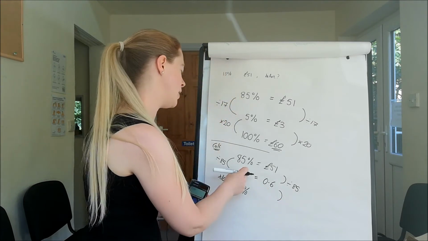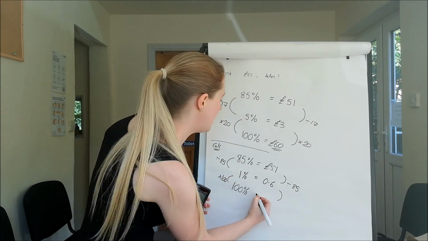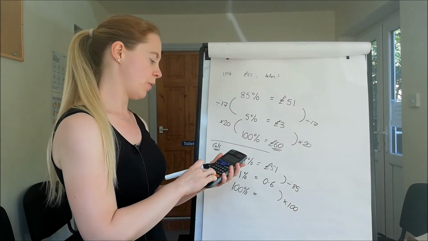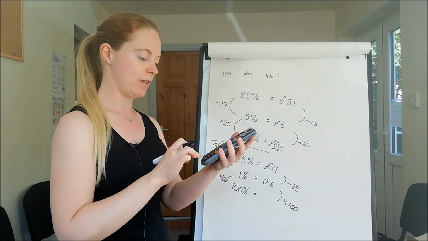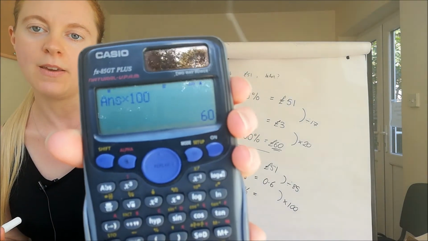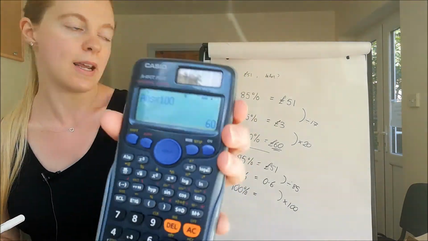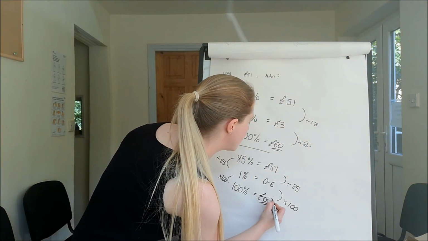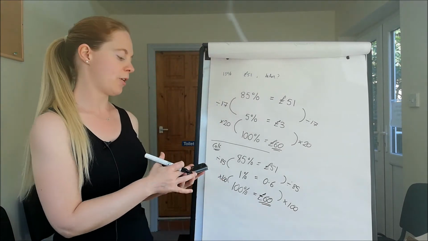So because I'm timesing 1 by 100 to give me 100%, I have to times 0.6 by 100 as well. So I would just then put times 100 into the calculator, like that, to give me an overall answer of 60, same as before. So I would still get the same answer, obviously, but just using a calculator instead.